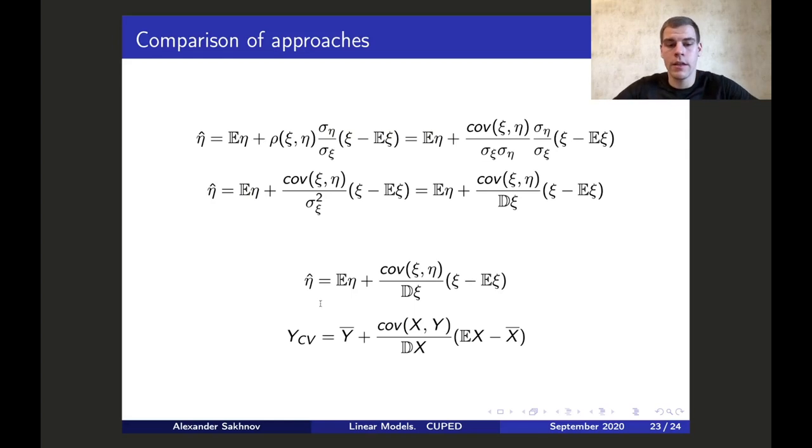CUPED claims that the new time series is equal to the mean plus some constant multiplied by the deviation. So we can see that CUPED is just the best linear approximation in a Hilbert space of random variables on two random variables. The first is the correlated series and the second is 1.